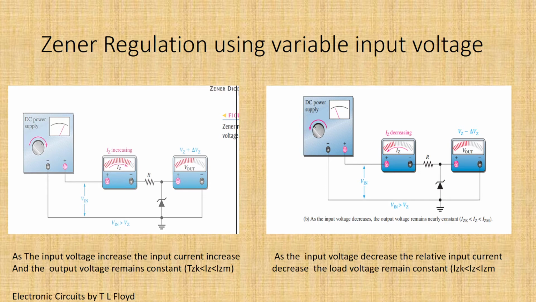Zener regulation using variable input voltage. Here in the figure you can see that the DC voltage is varied and you will get the variation in the current, and accordingly we will try to measure how much is the change in the output voltage.